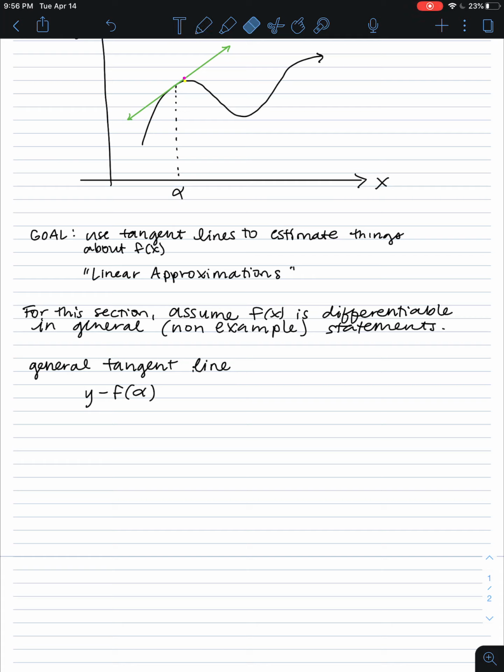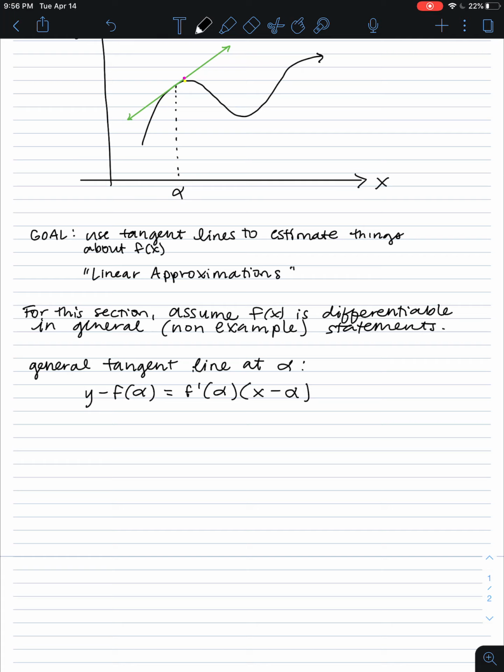I guess I should say this is the tangent line at alpha. And that is equal to f prime of alpha, our slope, times x minus alpha, where alpha is our value of x in our point.